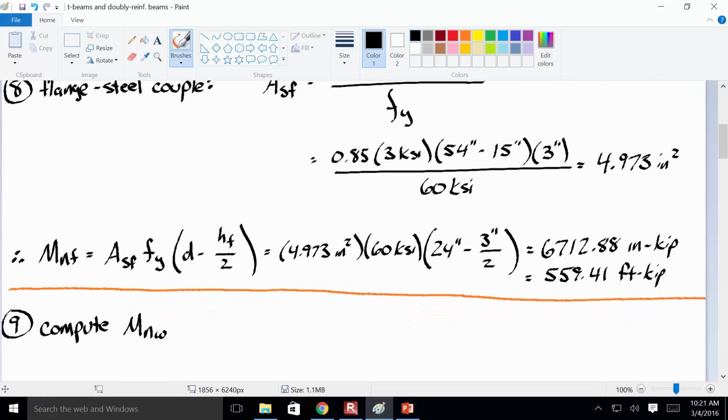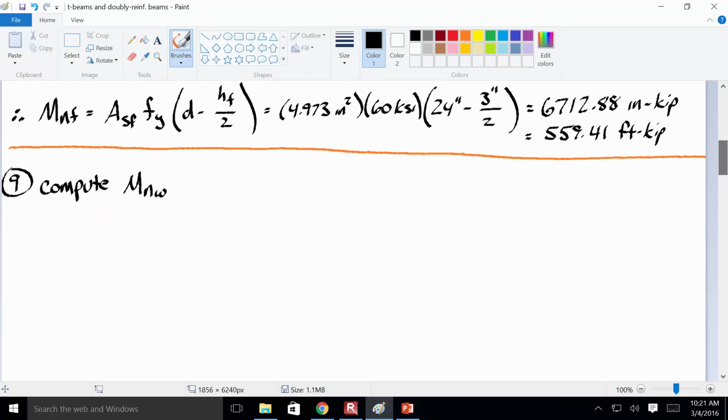Okay, does that make sense? All right. So let's see. Compute the required moment capacity in the web. Now, how do I do that? Well, Mu is 920 foot kips, and Mn for the flange is 559.41 foot kips.